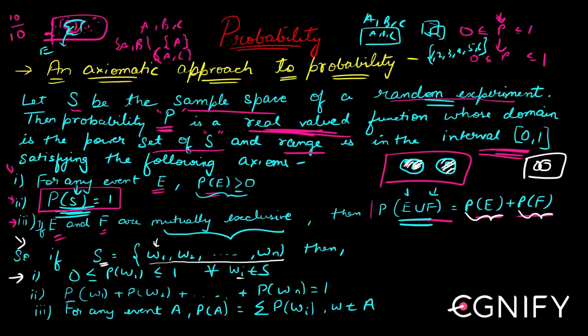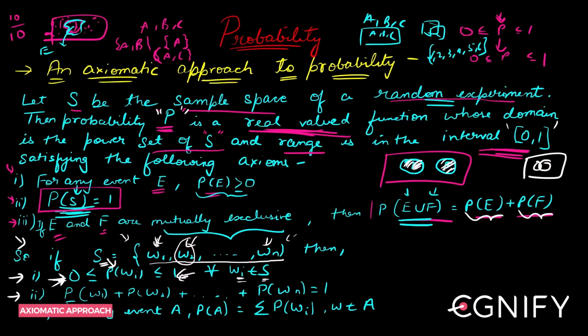For each omega, or Wi, which belongs to S, which means you can have either W1 or W2 or Wn, anything, probability of any of those events will lie between 0 and 1. So that is something that's evident here. Probability function P lies between 0 and 1. And here also, if you pick up any event, its probability will always lie between 0 and 1. 0 is basically that case where nothing from the sample space is happening, and 1 is that case where everything from the sample space is happening, and everything else will lie between 0 and 1, right?